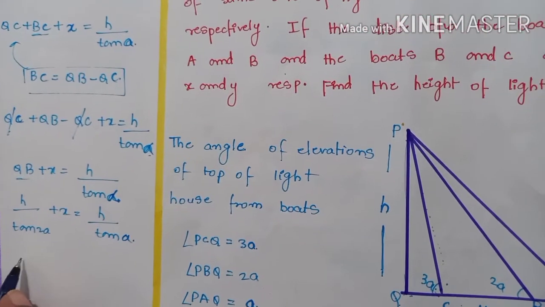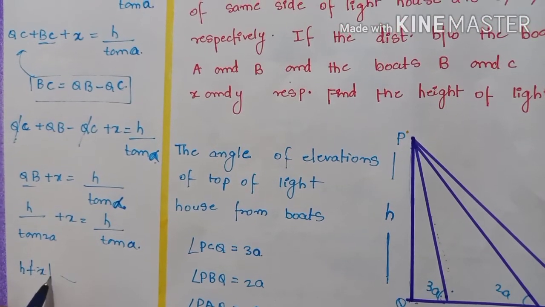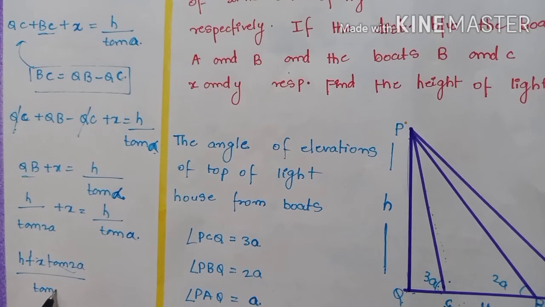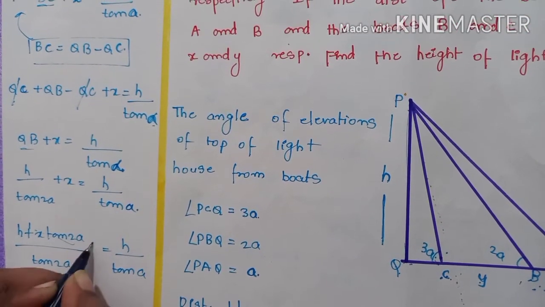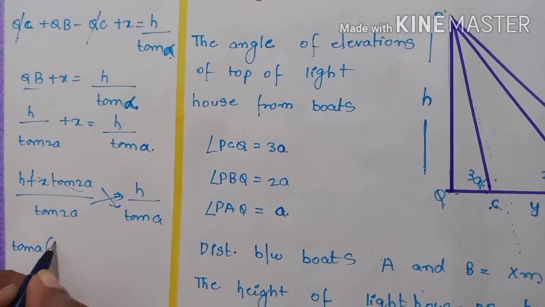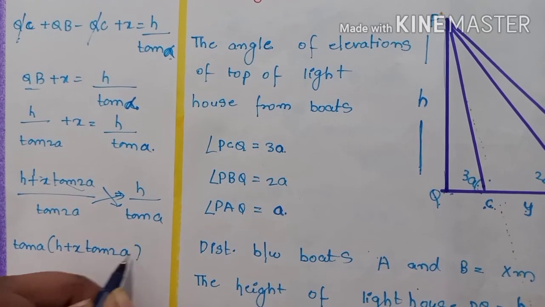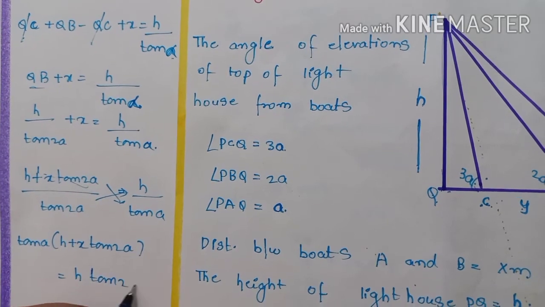So now taking the LCM, we get (h plus x tan 2A) by tan 2A equals h by tan A. Now cross multiplying, we get tan A times (h plus x tan 2A) equals h tan 2A.